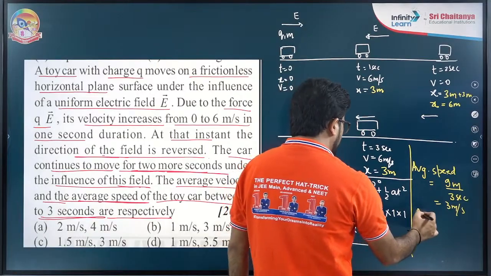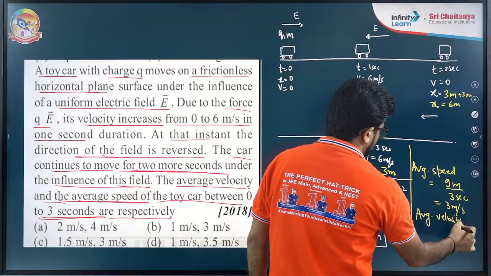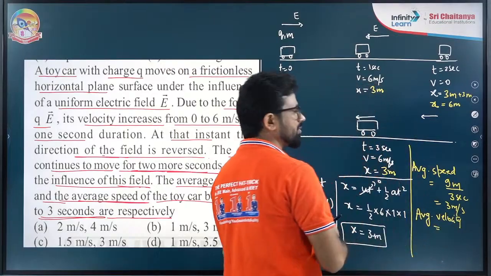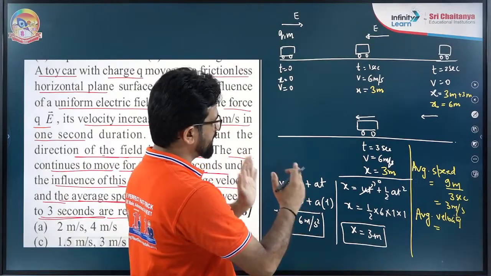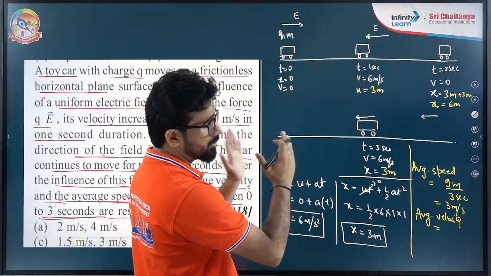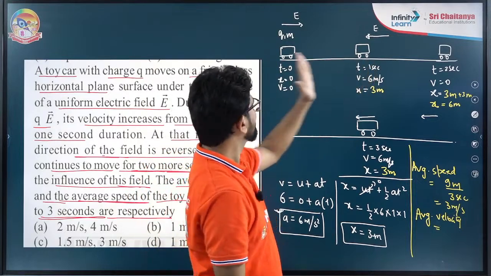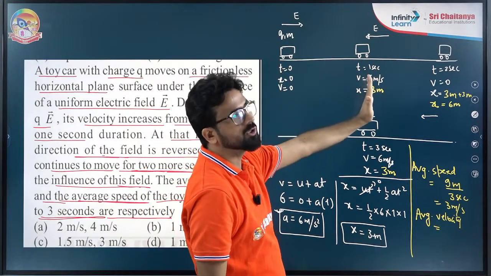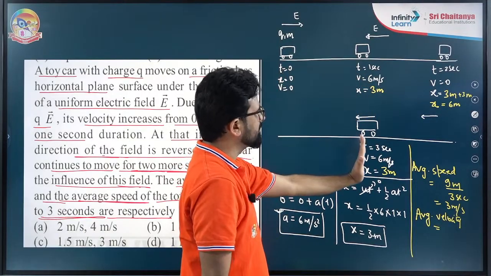If I ask what is the average velocity? Average velocity means total displacement, or net displacement, upon total time. What is net displacement? From x equal to 0 to x equal to 3, because this is the initial and this is the final position.